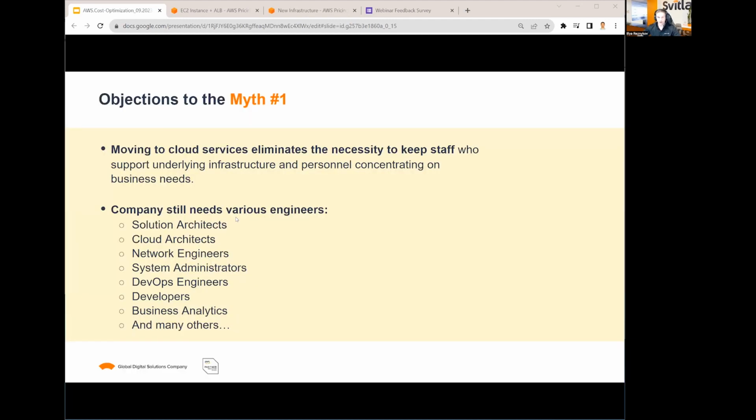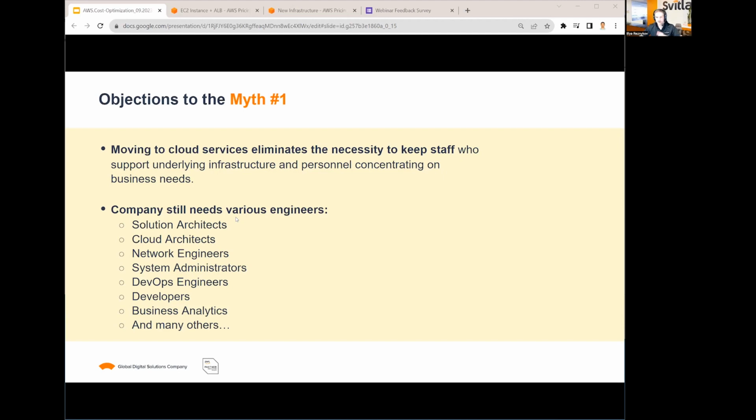So at first, let me call it myth one: moving to cloud services eliminates the necessity to keep staff who manage and support the underlying hardware infrastructure. And obviously, if you are migrating from your own on-premise data center to the cloud, you probably don't need this data center anymore. So that's why you may fire engineers who support this physical facility.